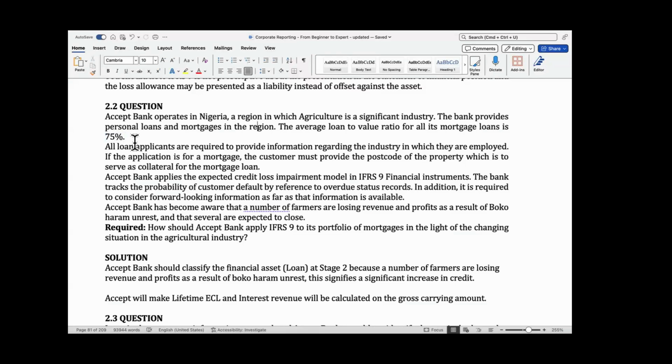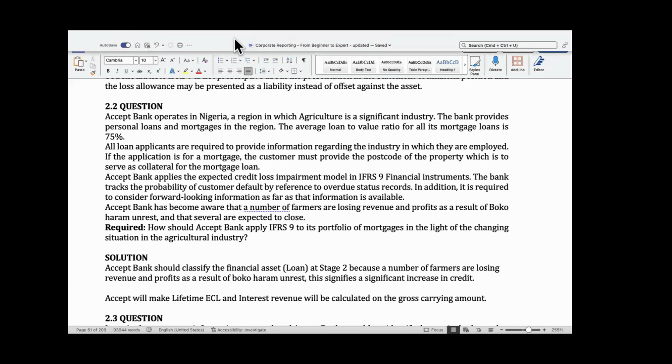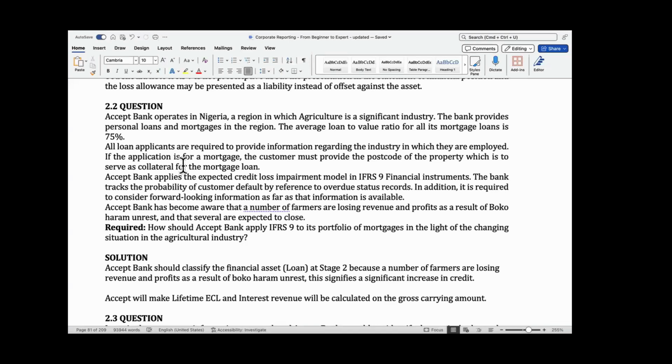Now, they said all loan applicants are required to provide information regarding the industry in which they are employed. If the application is for a mortgage, the customer must provide the postcode of the property, which is to serve as collateral for the mortgage loan.